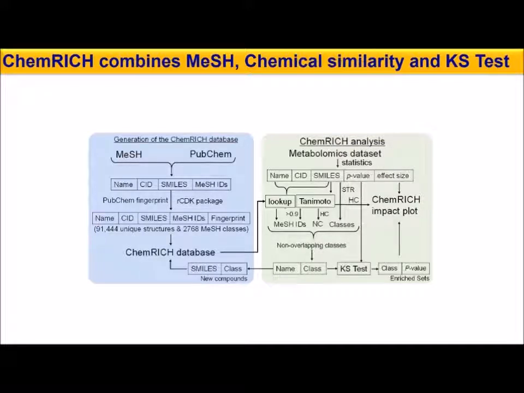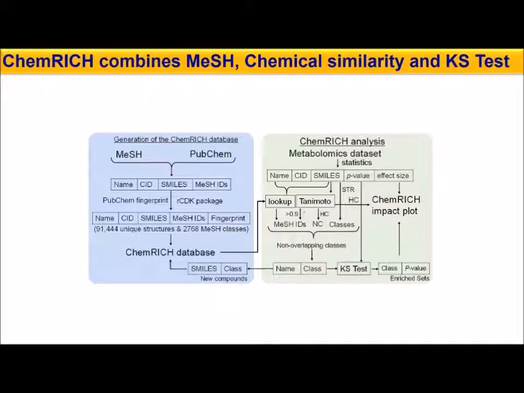If they are not in ChemRICH, we will calculate an approximate MeSH ID based on chemical similarity to the closest similar compound. If compounds are not in the ChemRICH database and they are not similar to any other compound having a MeSH annotation, we will look if the leftover compounds are making a new cluster.